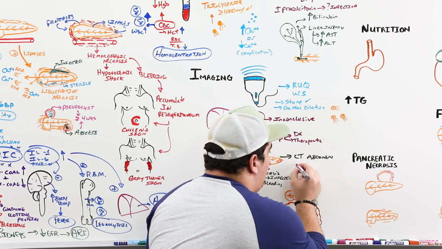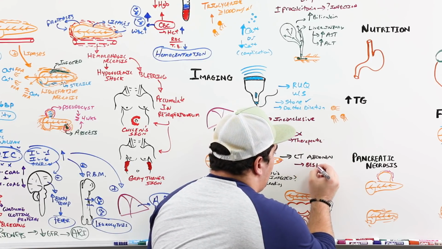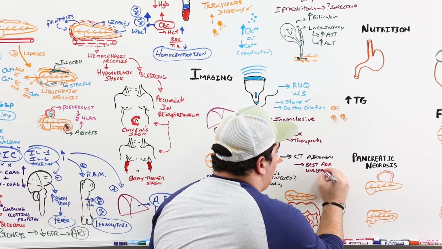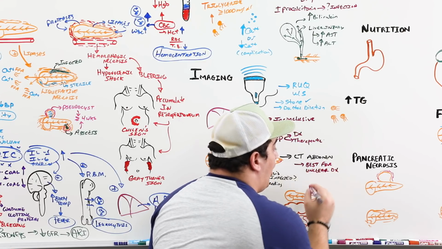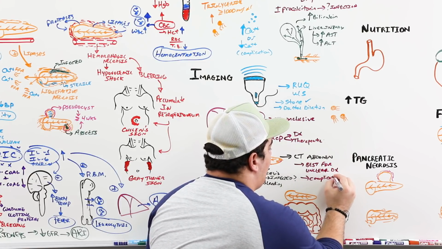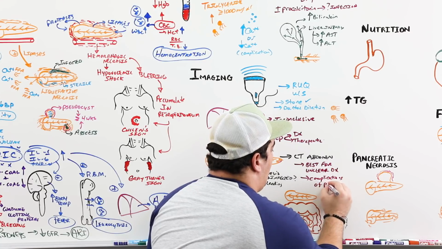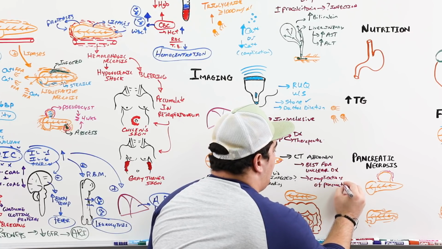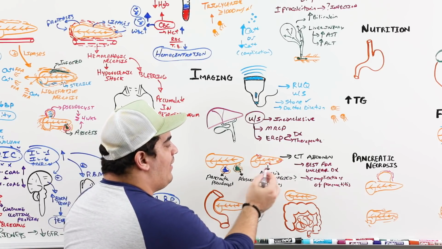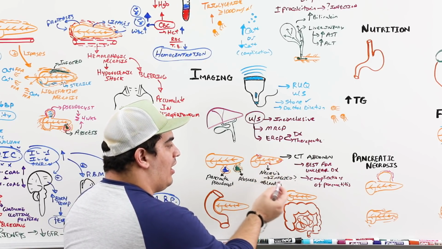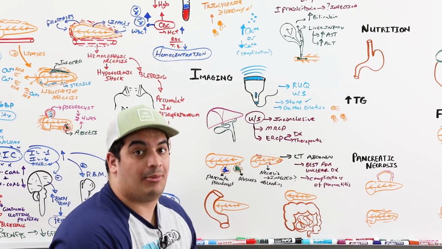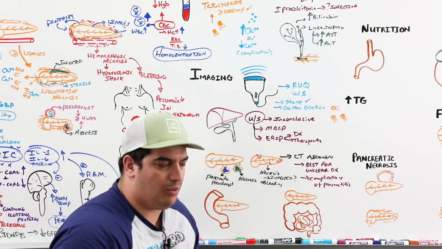But one of the things this is best for is an unclear diagnosis of pancreatitis, or if you have fears that there's some type of complication of the pancreatitis, as we mentioned on the side, such as: do they have a pancreatic pseudocyst? Do they have an abscess? Do they have an infected necrosis? Is there any sign of bleeding due to hemorrhagic necrosis? Those are things that you would definitely want to get a CT for.